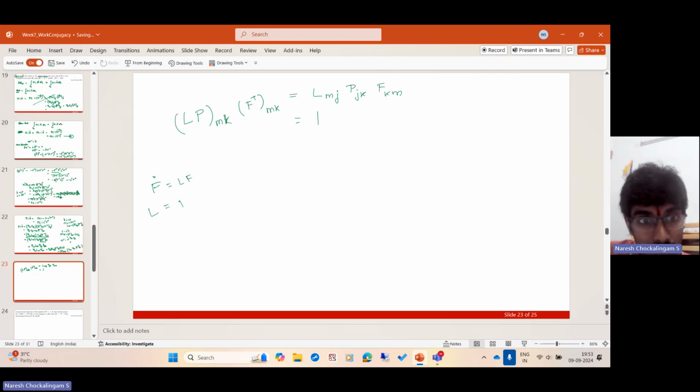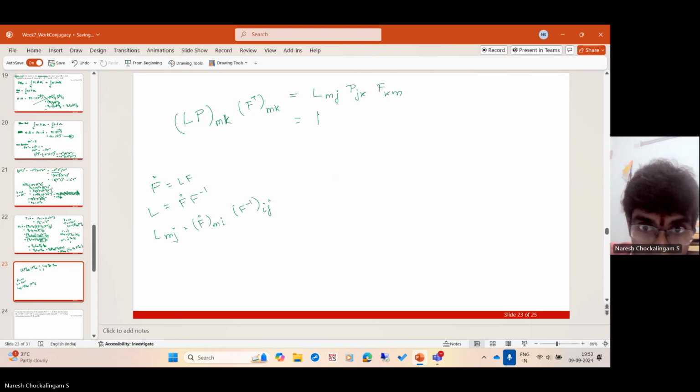So L is equal to F dot F inverse. So LMJ is equal to F dot MI, F inverse IJ. So this is F dot MI, F inverse IJ, PJK, FKM.